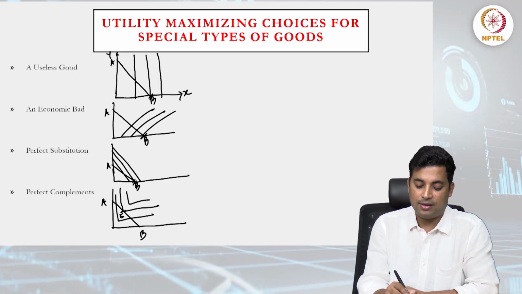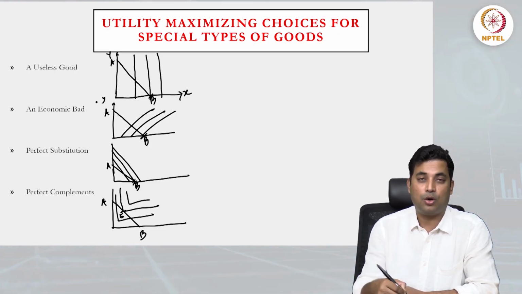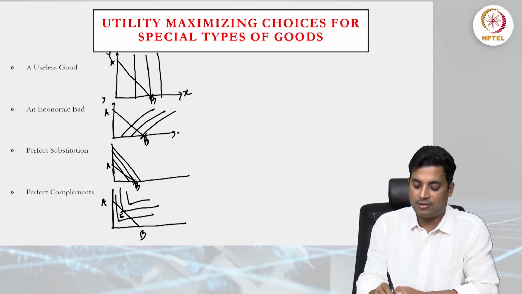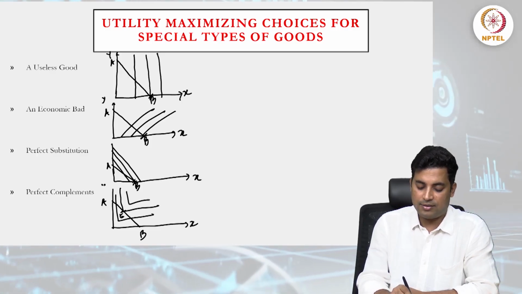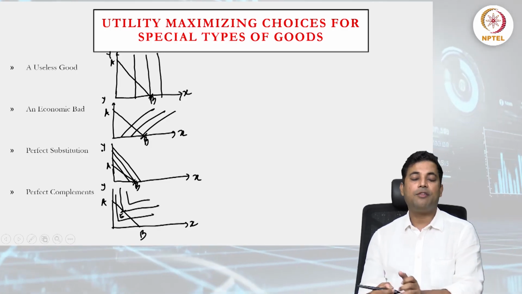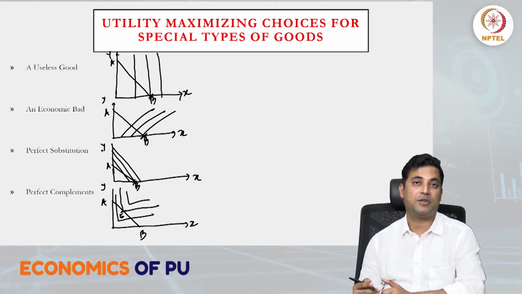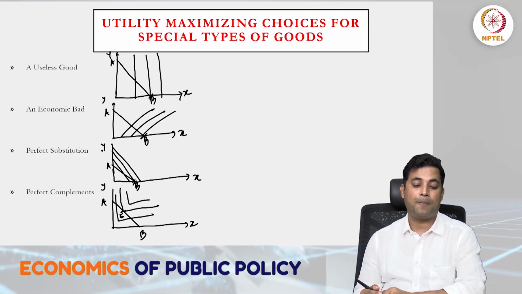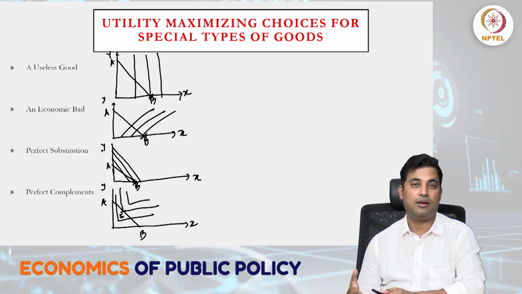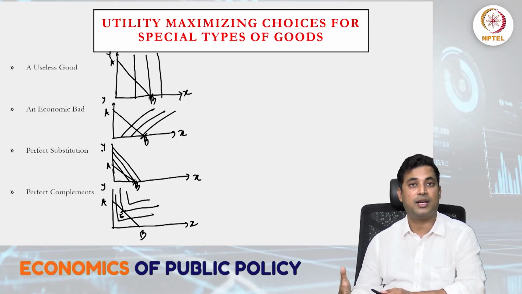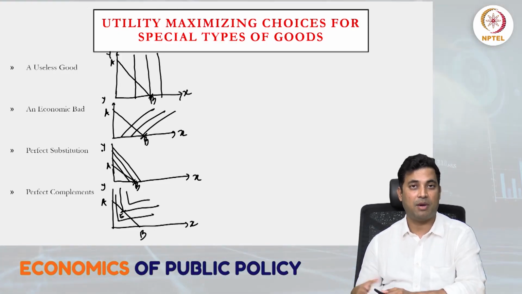But in all these diagrams, along the horizontal axis is x, and on the vertical axis it is y. So even in special cases or special types of goods, with a given budget, utility can be optimized.